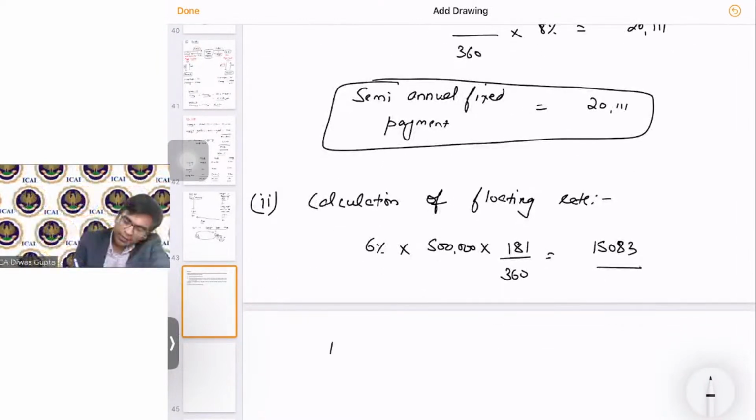So this is the floating rate payment, 15,083.